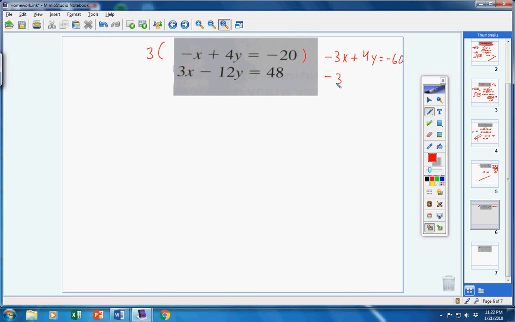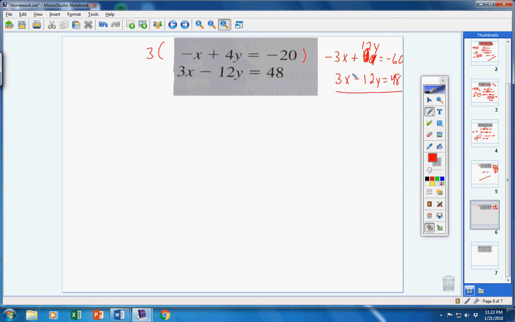Your bottom equation does not change. 3 times 4 is 12y. Okay? So your bottom equation remains the same, which is 3x minus 12y equals 48.